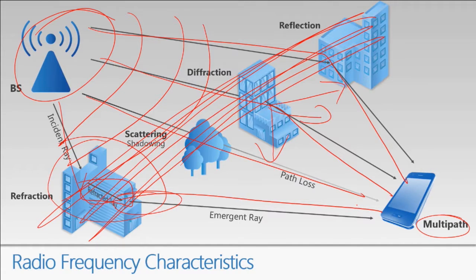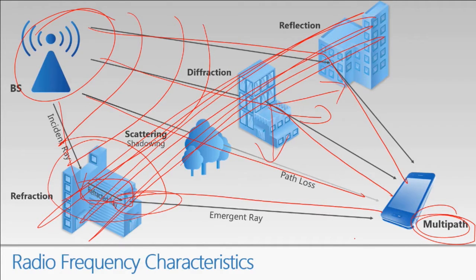When a signal takes multiple paths to reach its destination, that's called multipath. Multipath results in radio signals reaching the receiving antenna by two or more paths. The signal can be reflected, diffracted, refracted, or scattered, but you're ultimately going to have multiple copies of that signal reach its intended target.